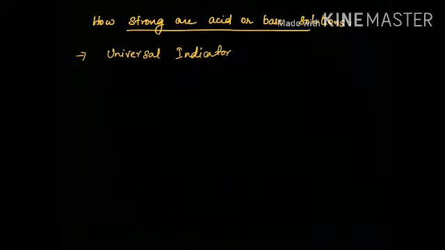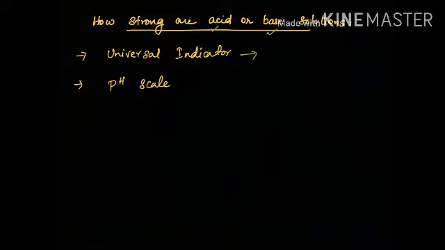Or else, we can use a scale known as the pH scale. These are the two methods by which we can measure whether a solution is a strong acid or a strong base. The first one is a universal indicator.